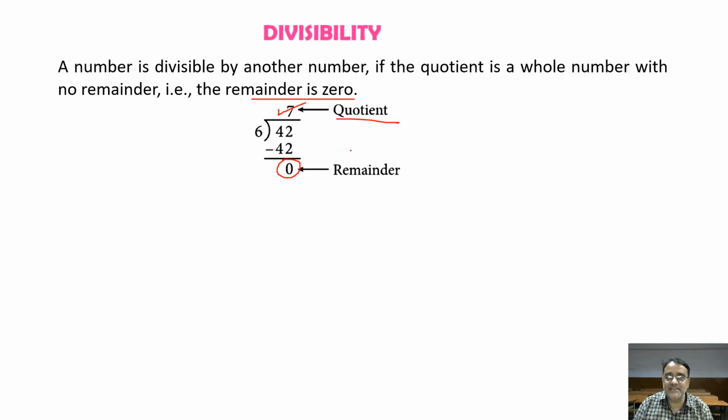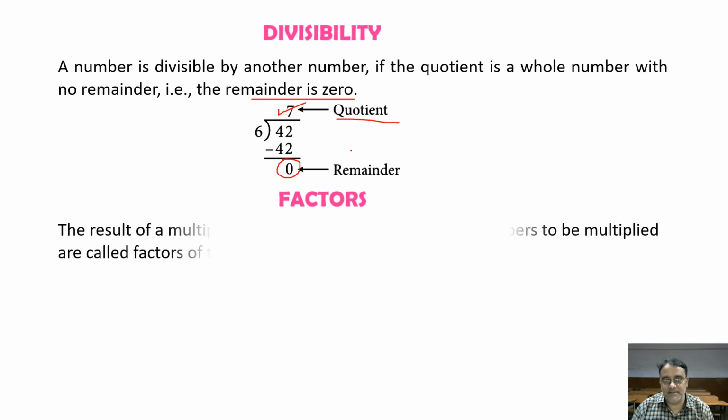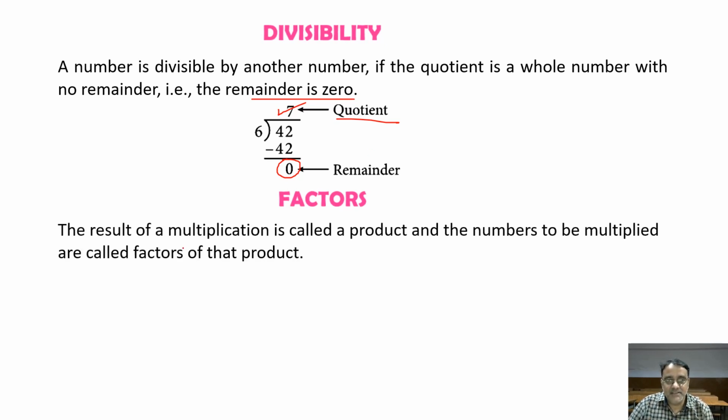So coming to factors, the result of multiplication of any two numbers is called the product, and the numbers to be multiplied are called the factors of that product. Okay, the result of a multiplication is called product, and the numbers to be multiplied are called factors of that product.